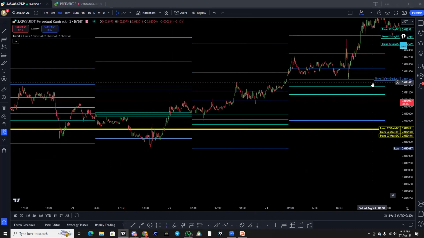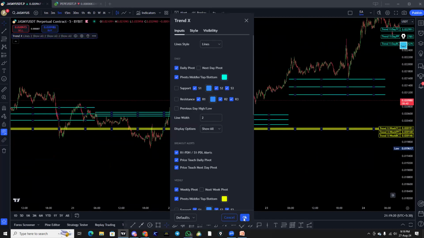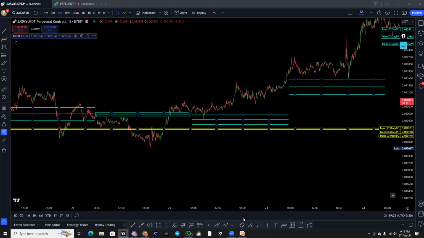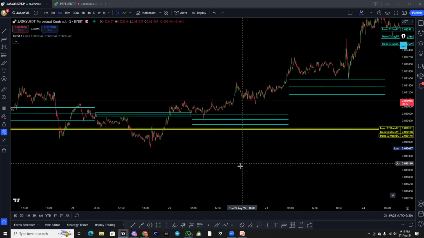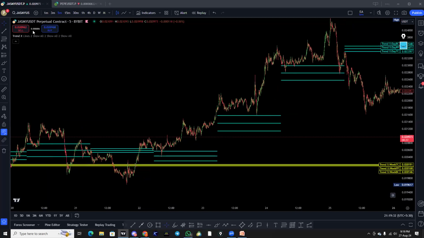I want to share my personal experience. In the beginning, when we started this, I told my friend Sam, see ma'am, when you trade a particular token, like assume you are trading Jasmine USDT, this is for everyone, don't look at the BTC chart, because it will make you weak in taking the trade.